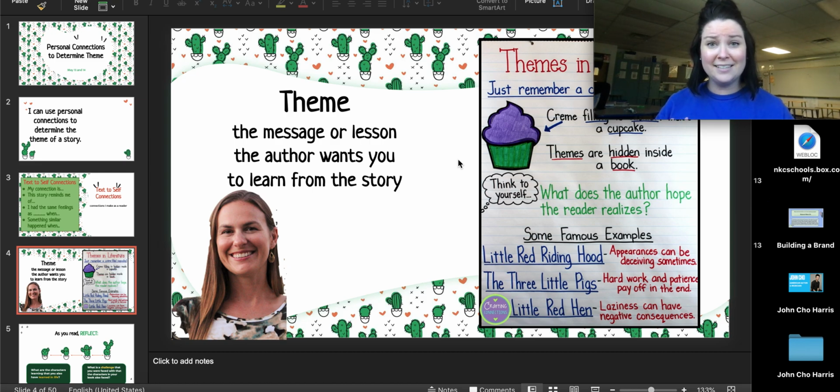And in our case, it's hidden inside the book. Some famous examples are Little Red Riding Hood: appearances can be deceiving sometimes. Remember, it's not don't talk to strangers or don't judge a book by its cover. Those cliches that we talk about, it's a little bit more than that. Appearances can be deceiving sometimes, okay?